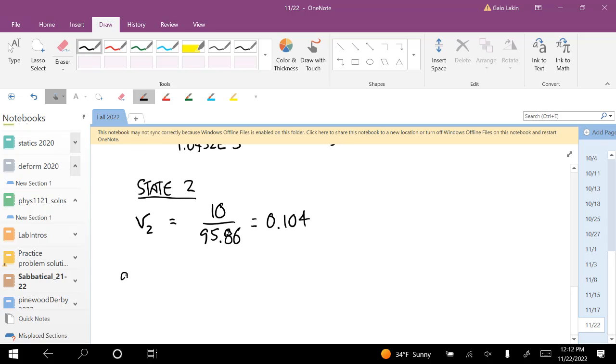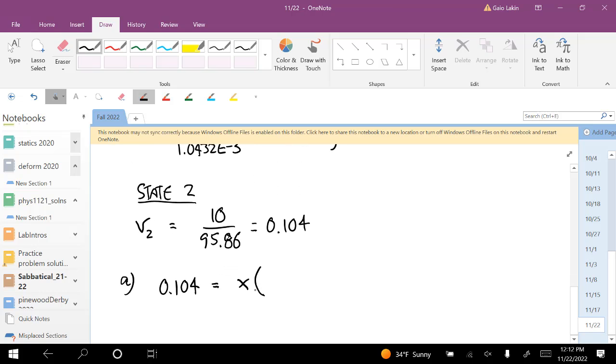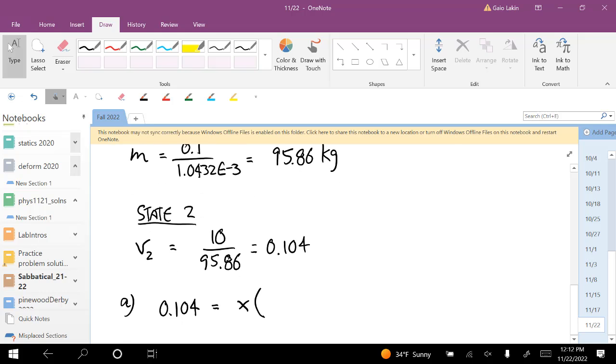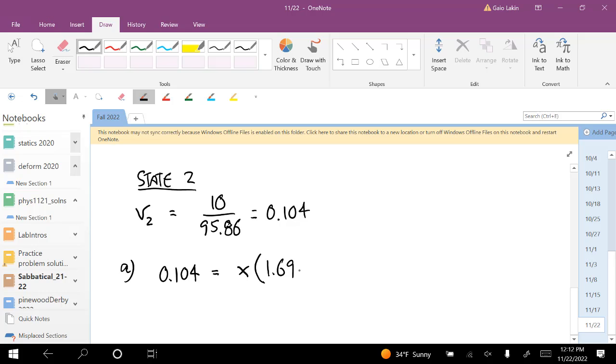And now for part A, 0.104 is equal to the quality times the specific volume for a saturated vapor, which is 1.694, plus 1 minus x of that other one, which is 1.0432 times 10 to the minus third.